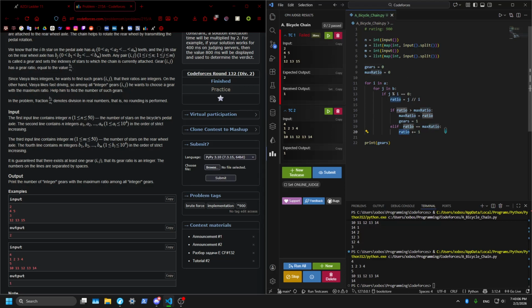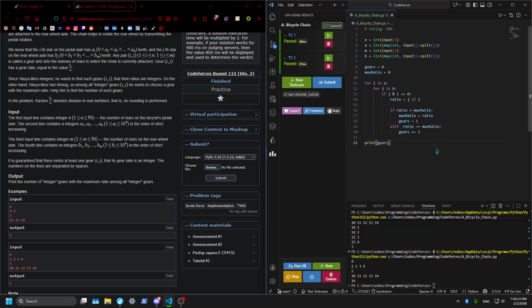No, it's ratio plus equals 1. That's not right. It's gears plus equals 1. There we go. I just got confused with my variables, I guess. Now we can submit this.